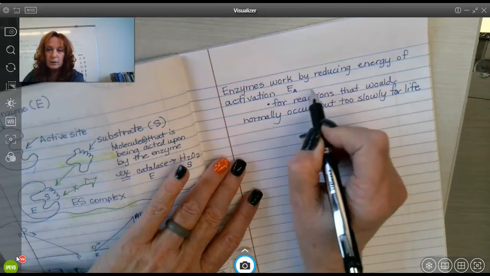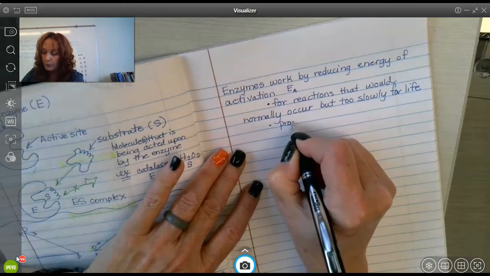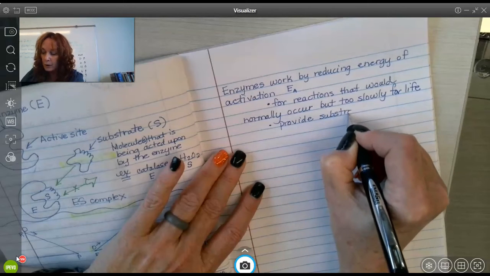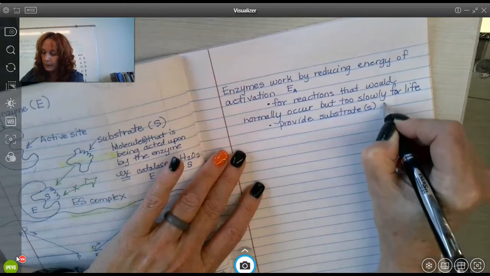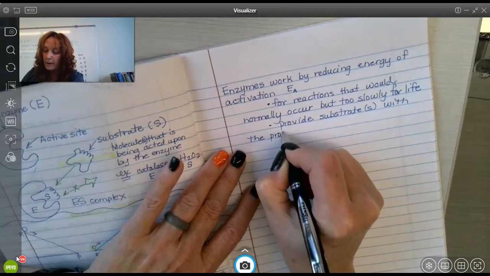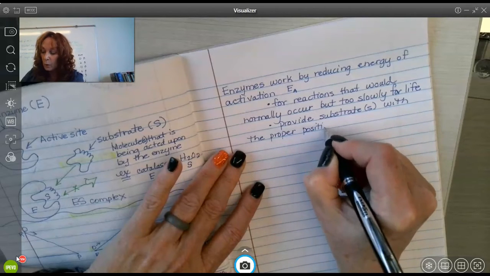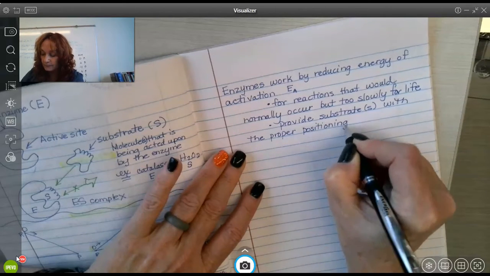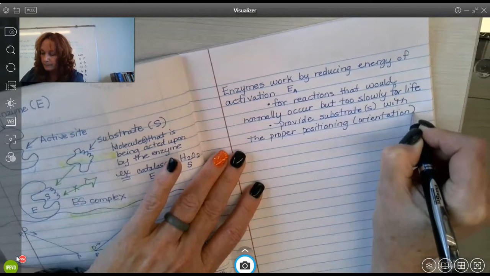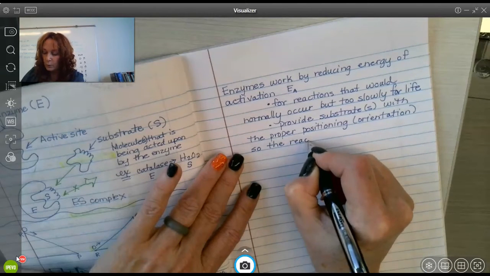They reduce the energy of activation by providing the substrate or substrates with the proper, the best, the optimal positioning orientation so that the reaction can occur.